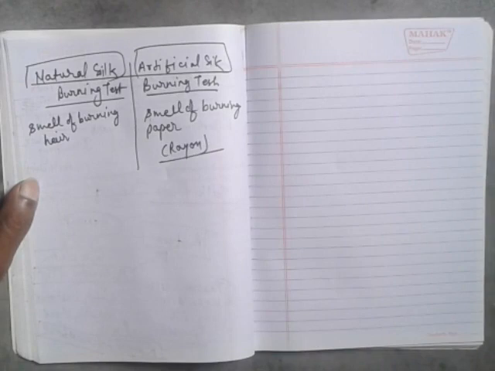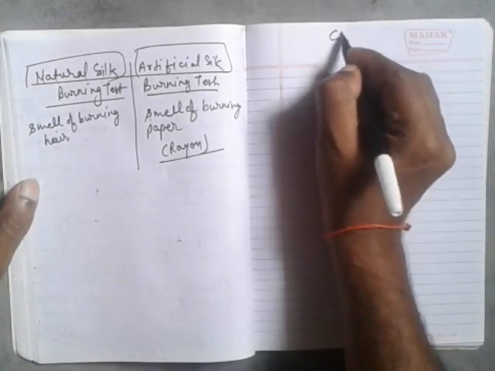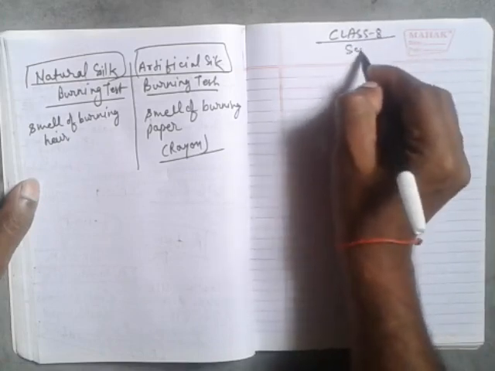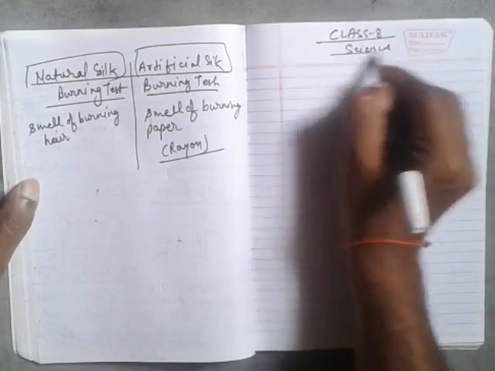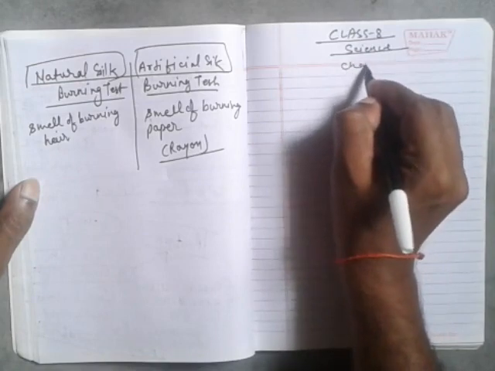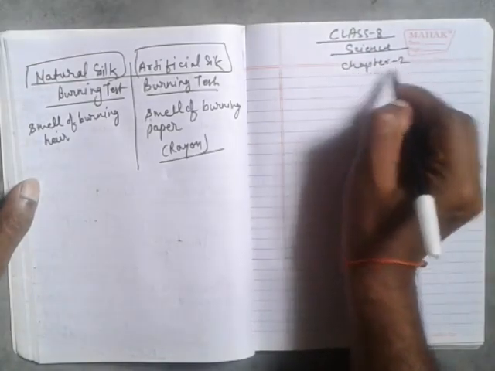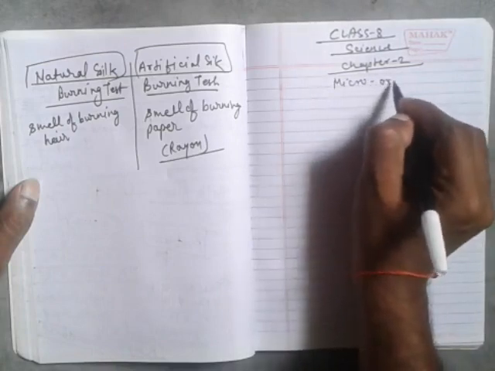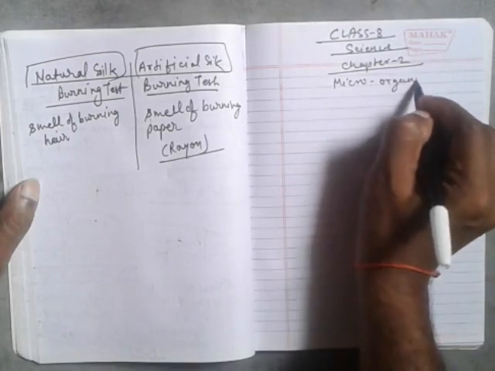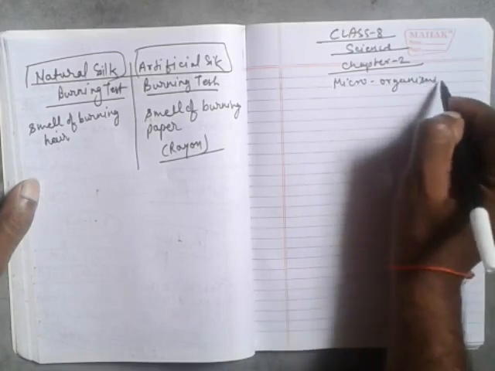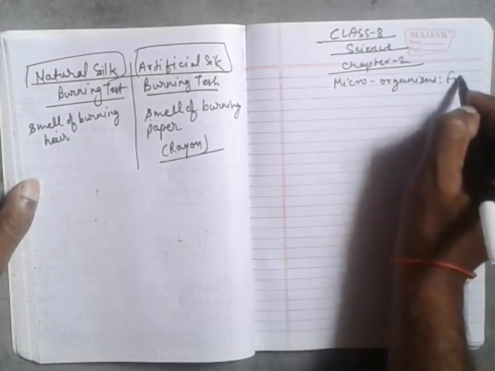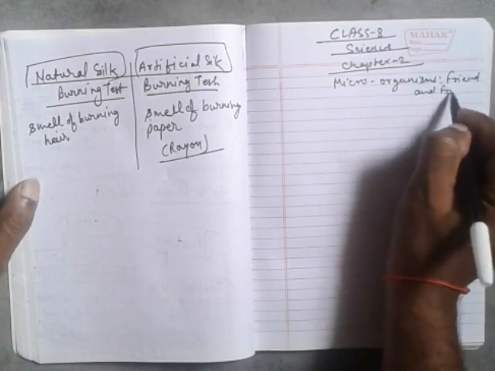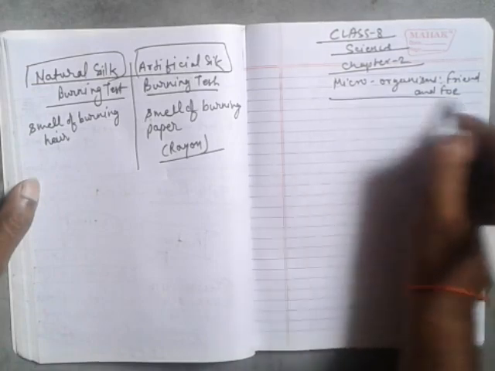Today in class 8 science, chapter 2, which is Microorganisms: Friend and Foe.